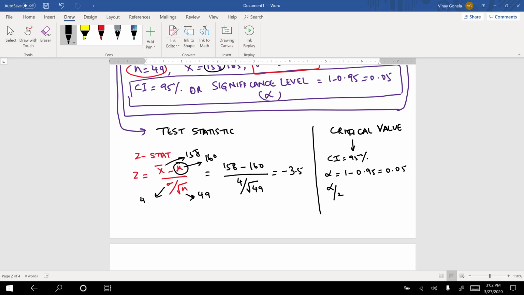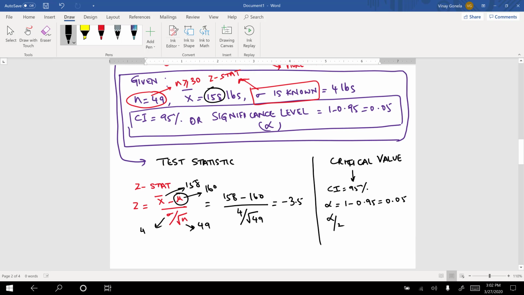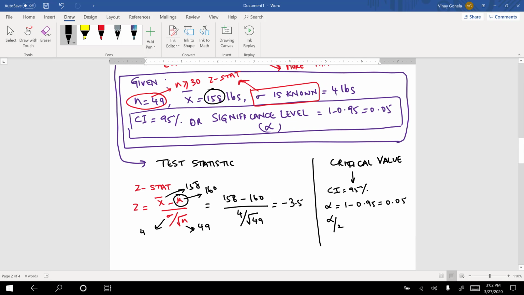Since this is a two-tail problem, we are interested in knowing z alpha over 2. So alpha over 2 would be 0.05 over 2, that is 0.025.